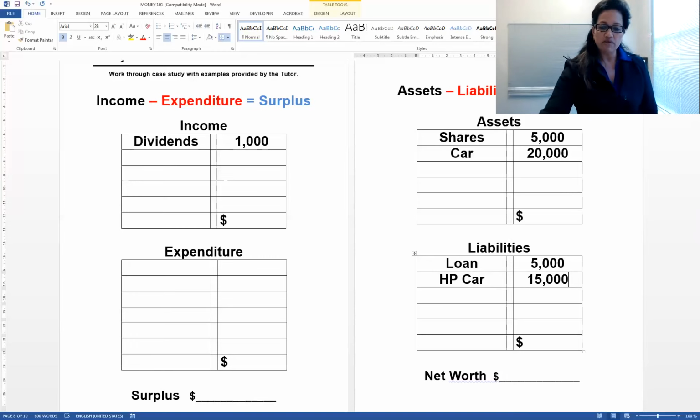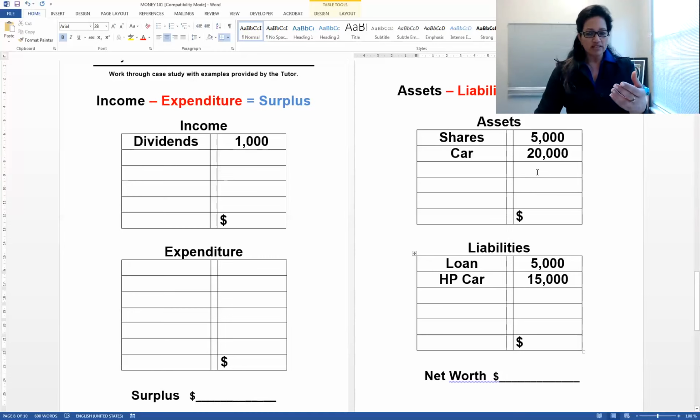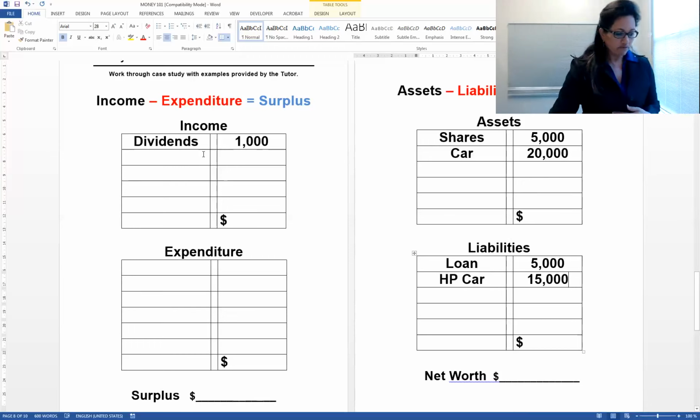It's made up of the loan to mum, but it's also made up of the hire purchase. If we just recorded the car, then that wouldn't be correct. We need to record the three aspects of the purchase of the car. So now Hariata's got more assets, she's got some liabilities, and she's got a little bit of income.